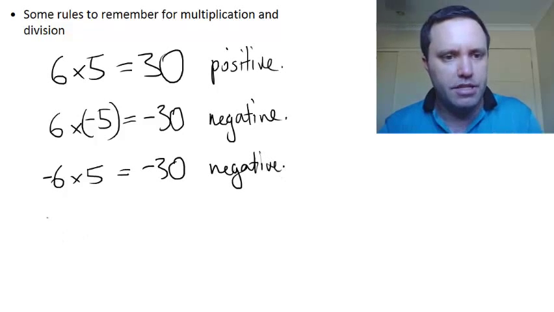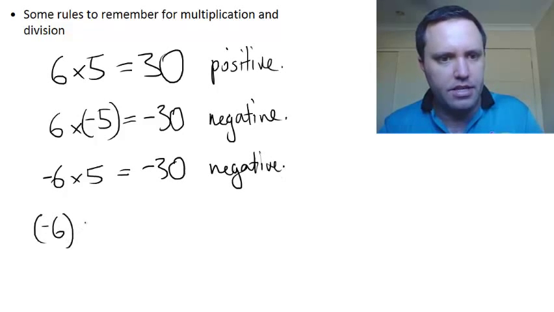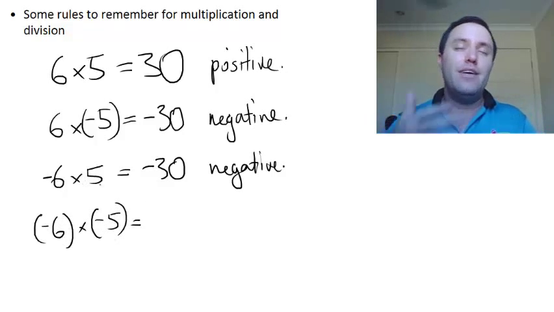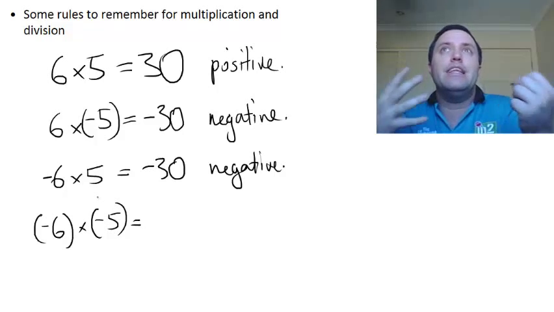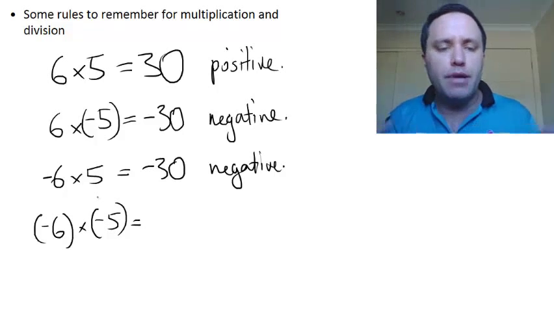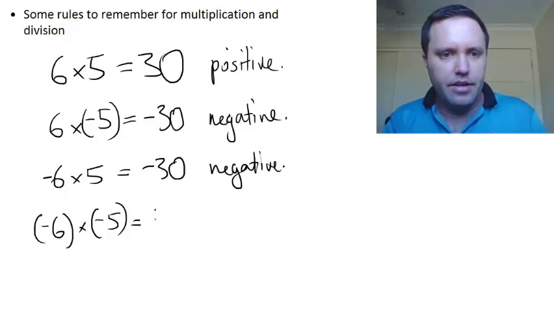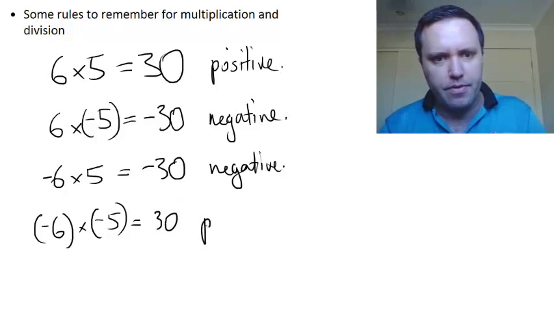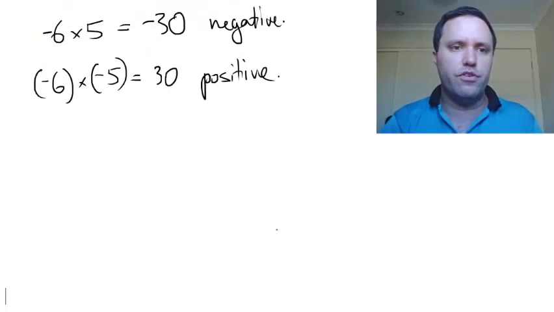Now here's where it gets a bit silly. If I have -6 times -5, I'm going to have a negative that becomes this being negativeness, and then it becomes a positive instead. But not positive 50 for some reason. 30. So that's kind of our little rules for us.